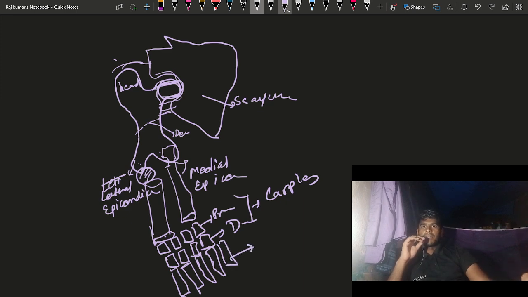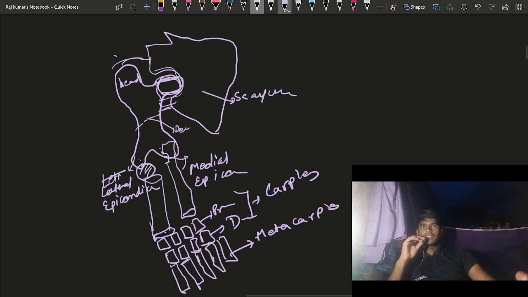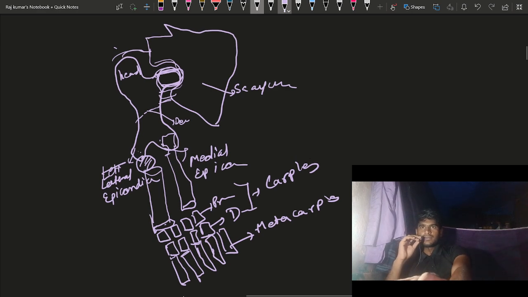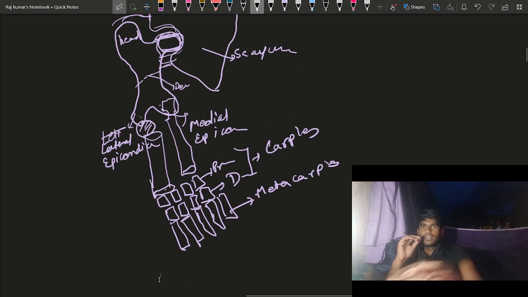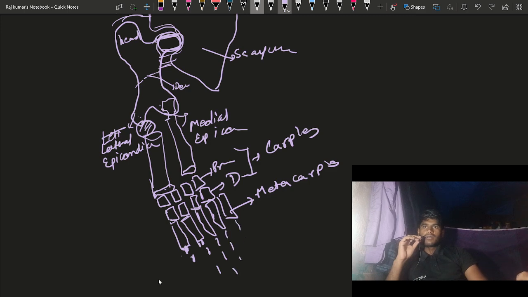So these are the metacarpals. Okay, and then after that, the lateral side is our thumb. So in the thumb we see 2 phalanges, and here 1 2 3, 1 2 3, and then 1 2 3, 1 2 3.